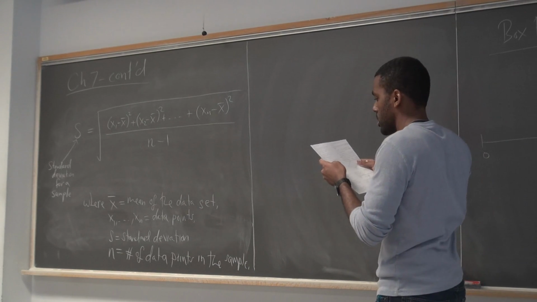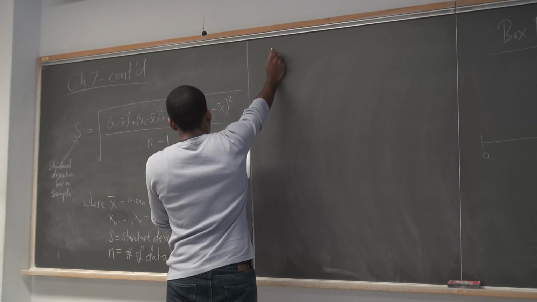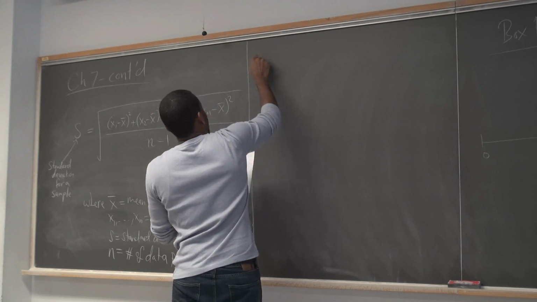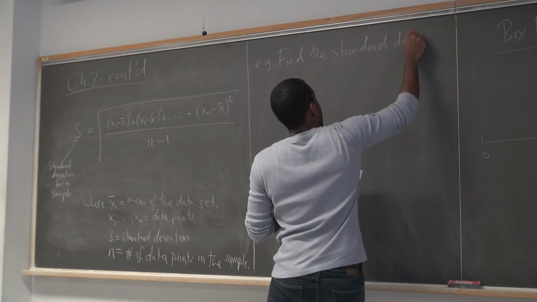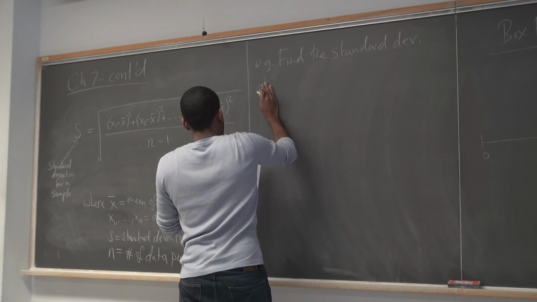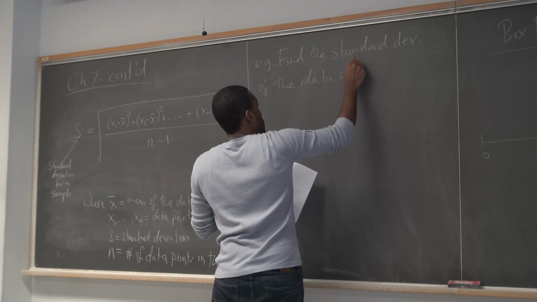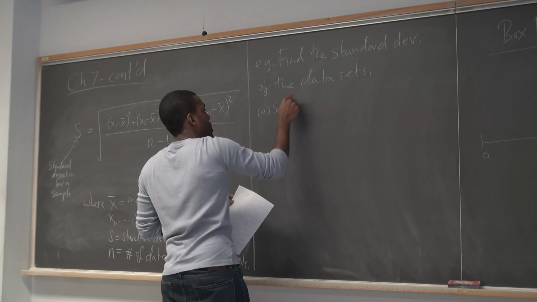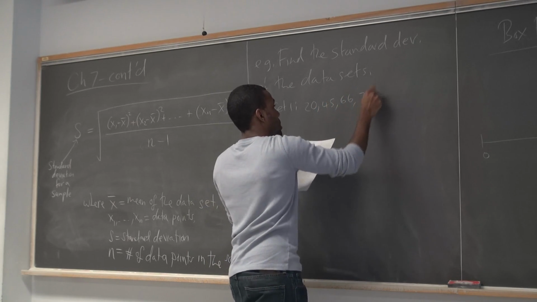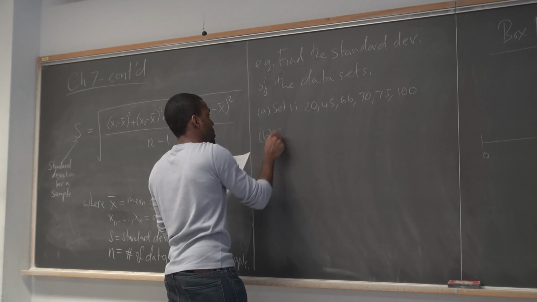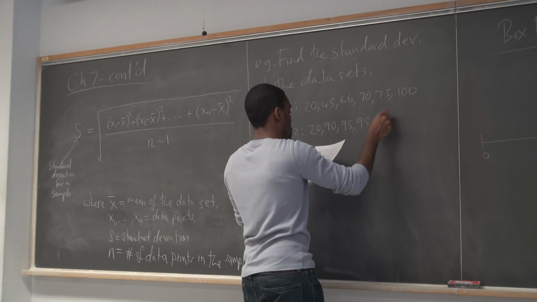Let's actually do an example. I'm going to use the same list of grades I had before: 20, 45, 66, 70, 75, 20, 95, 8, 100.